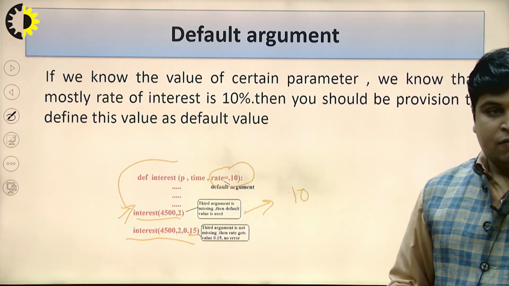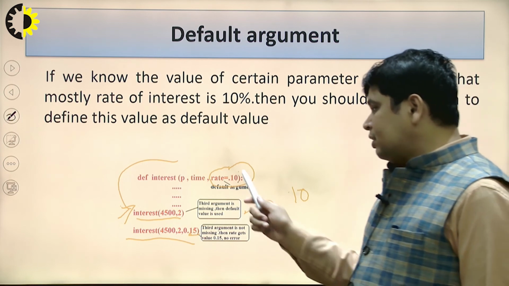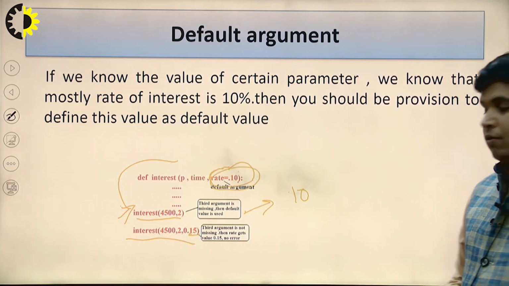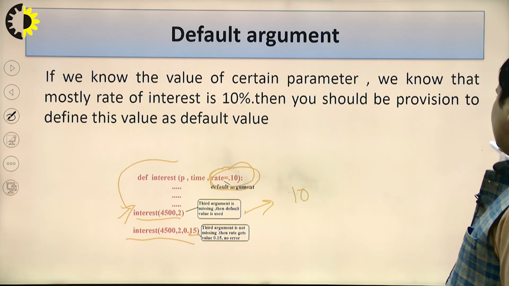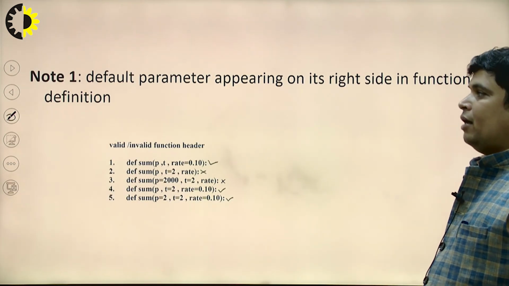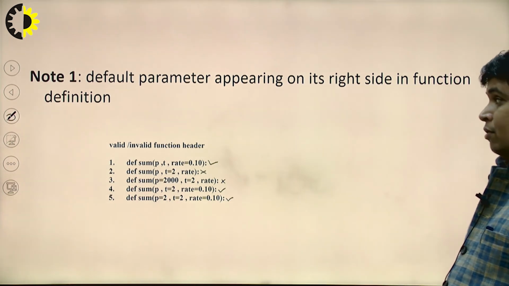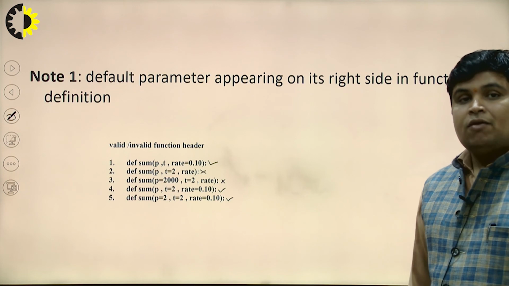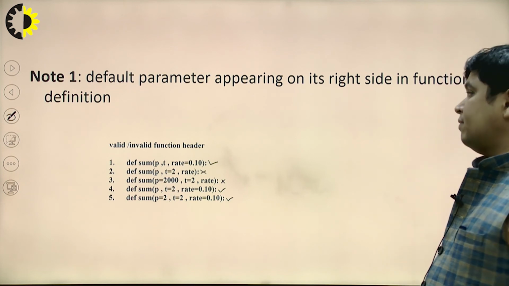Otherwise, if you miss that value, then the default value will be used by the function definition code. Okay. So this is the default arguments.